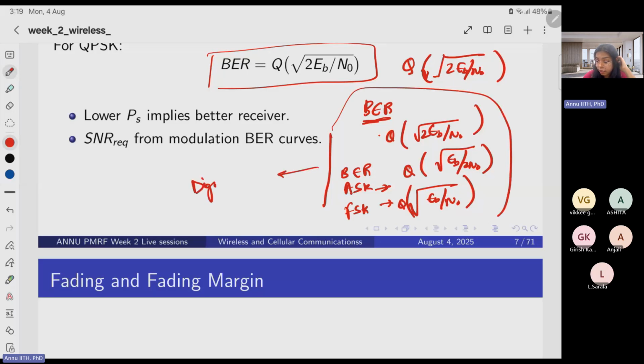Actually, one of you asked in the last class, one question was there. I think he joined or not. I don't know. One question was there where we have to find the average symbol energy.